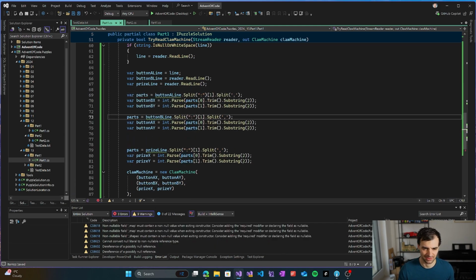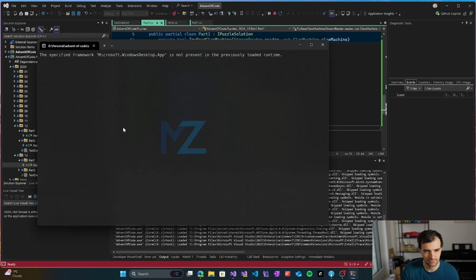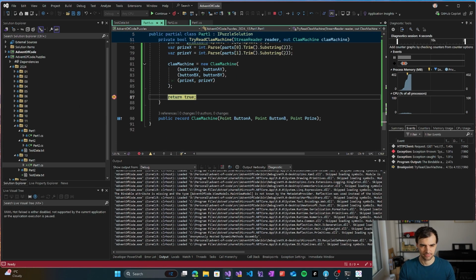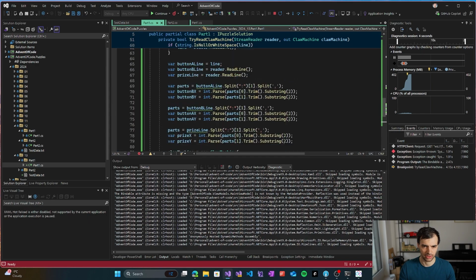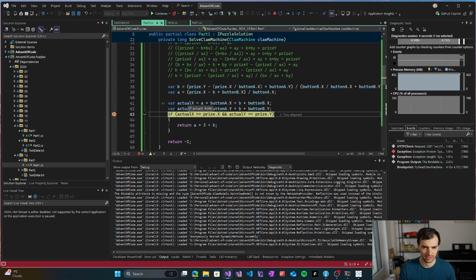So that's A and B. And we will check if it's now okay. So A, B, price is this. That should be okay. So now let's see what the solving itself looks like.